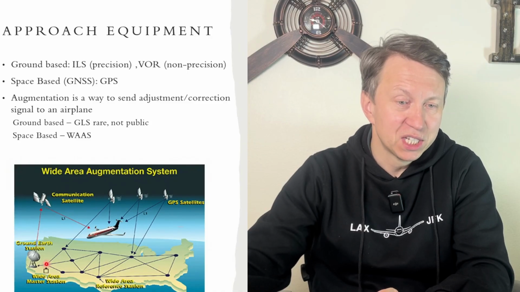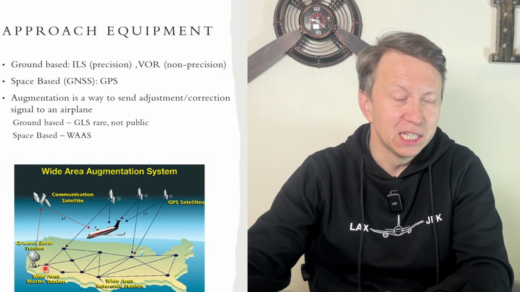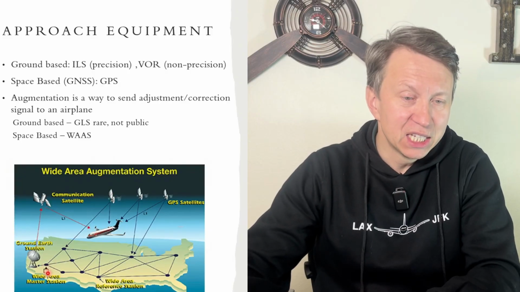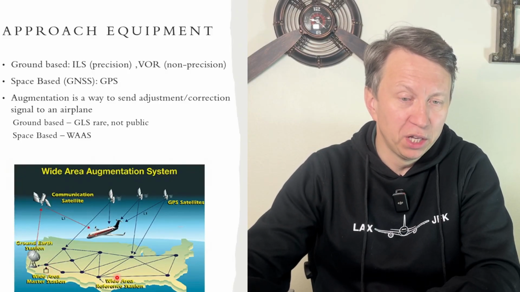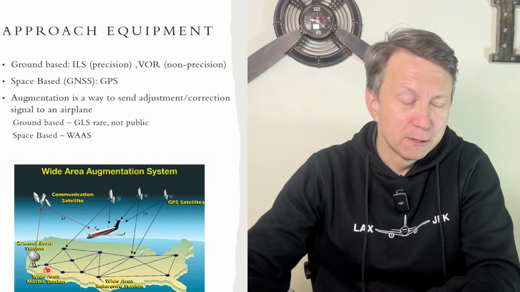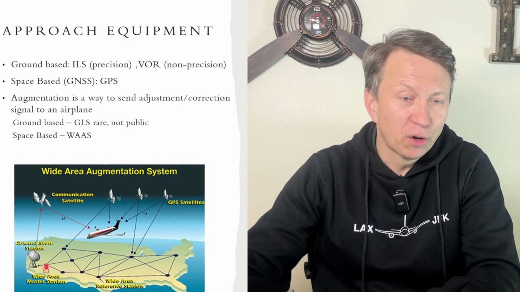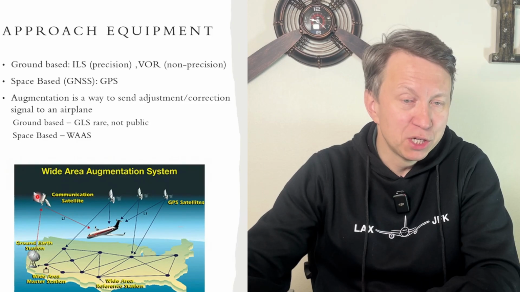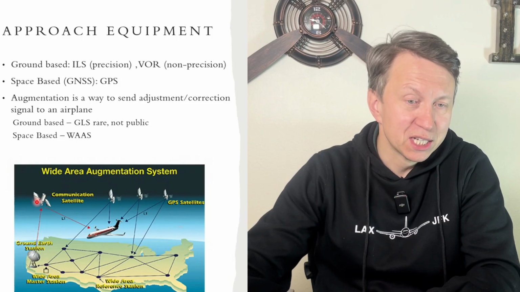Then we have a receiver on the ground that receives the GPS signal from the satellites and calculates if there is an error, because the receiving point on the ground knows exactly where it is at, and the calculated position, if that is different, then the needed correction is calculated and sent back to a different communication satellite that also transmits a signal.